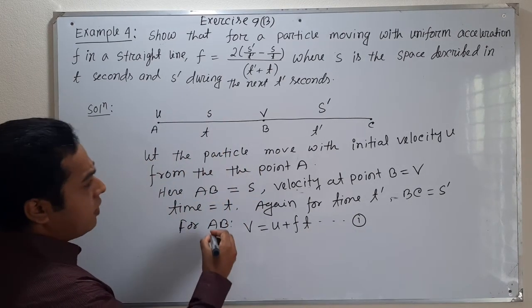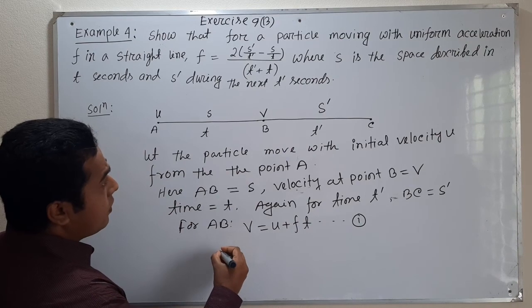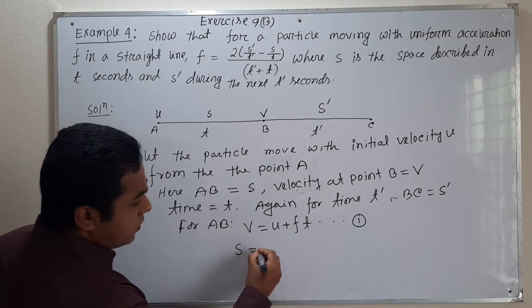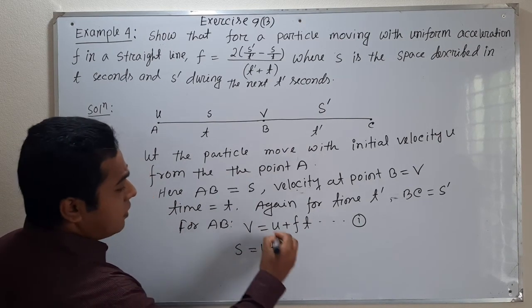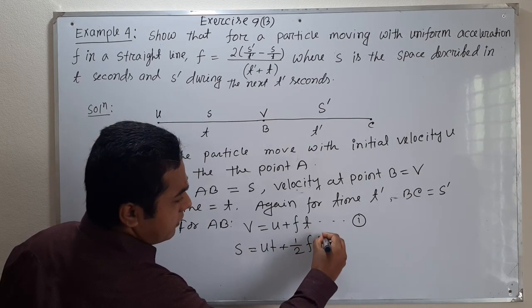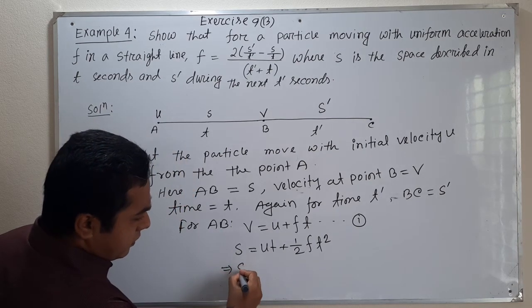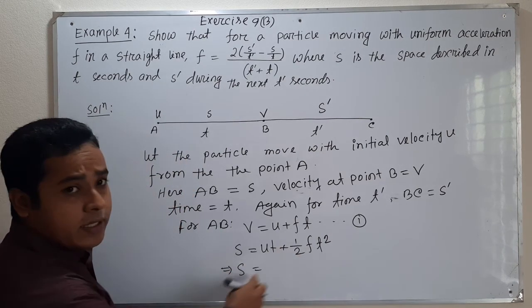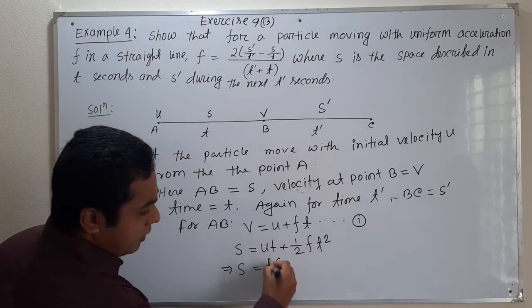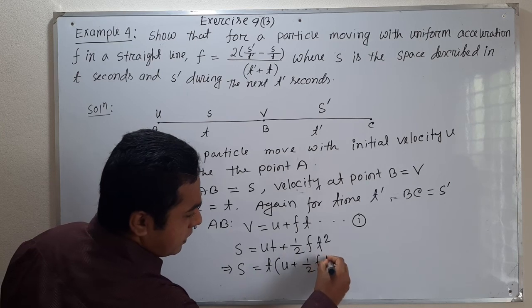Another equation: s is equal to ut plus half of ft square. Taking t as common, s is equal to t times u plus half of ft.